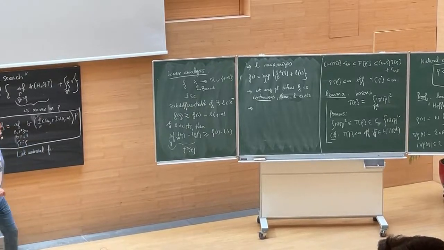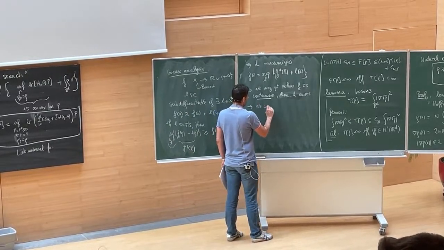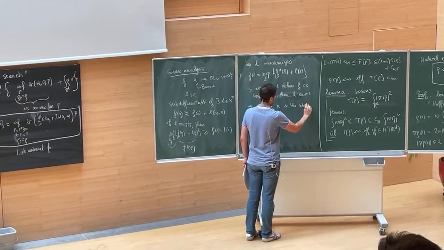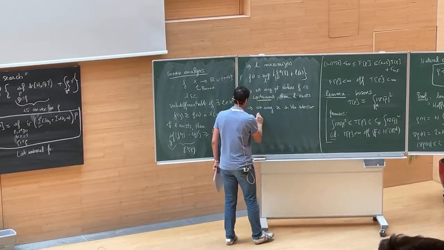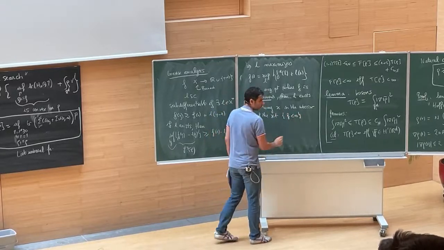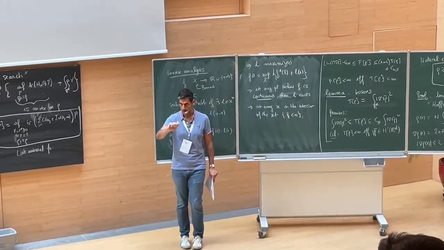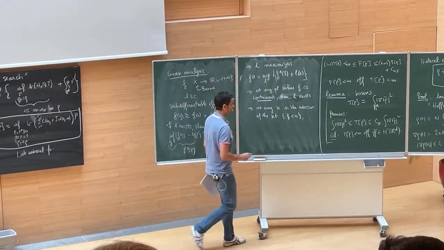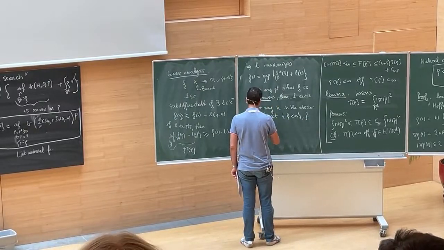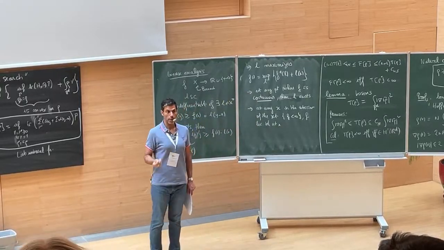It's automatic. And then one remark is that at any x in the interior of the set where f is finite, so I can move around and still be finite, and I also assume that f is locally bounded at x, in the neighborhood, then it's continuous.